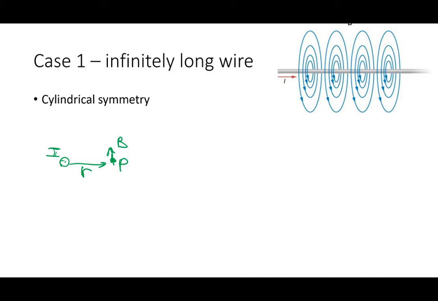To do so, we have to draw an Amperian loop, that's a fancy word for it. We'll draw a loop that includes this point.